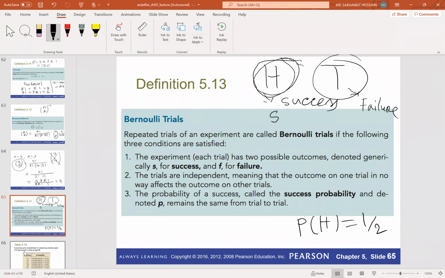In the first flip, you have a 50% chance of getting H. In the second trial, you also have a 50% chance of getting H. And similarly, in the third trial, you have a 50% chance of getting H. So that means the probability of success is the same from trial to trial. It doesn't change. So these are the 3 conditions. If these 3 conditions are satisfied, then we say that the trials are Bernoulli trials.